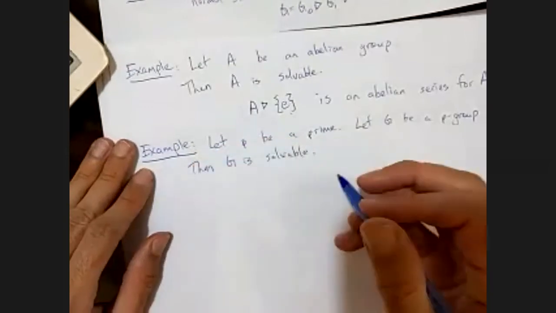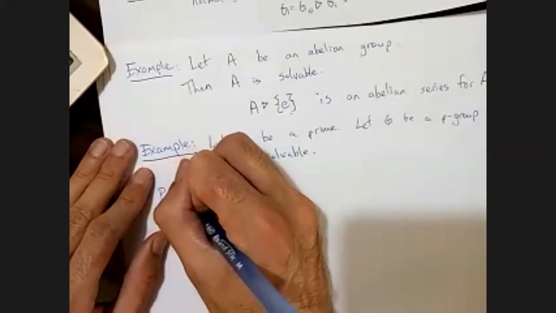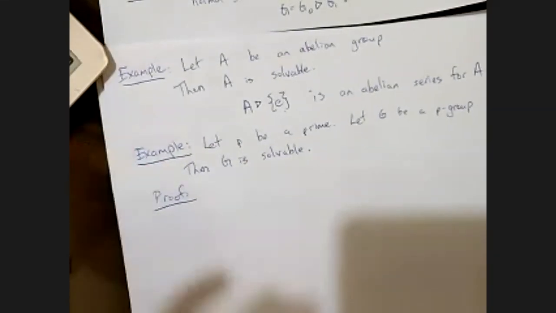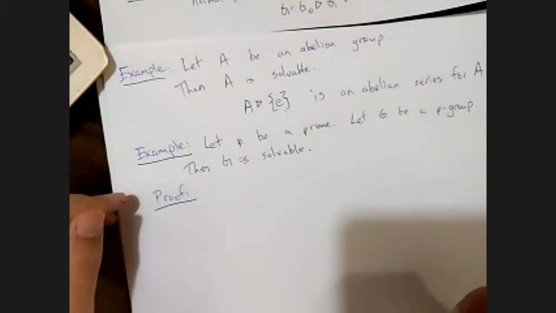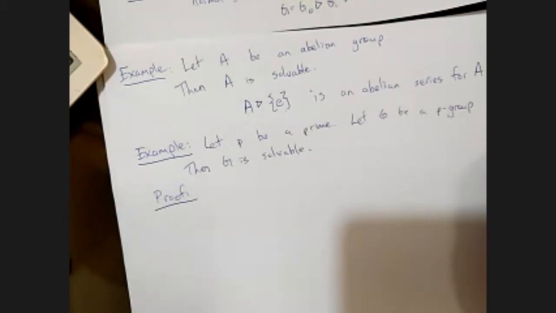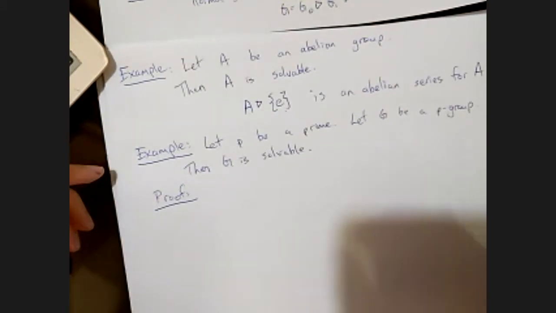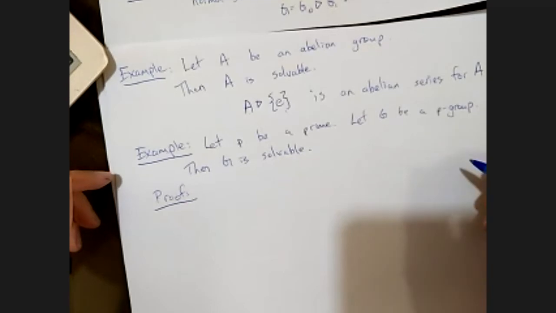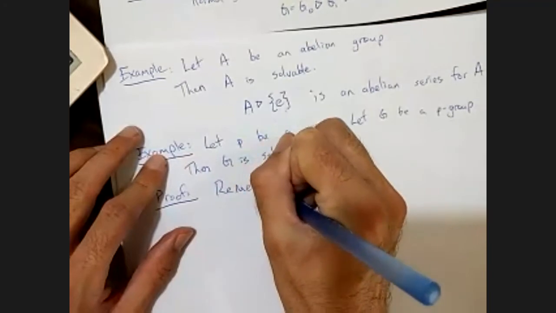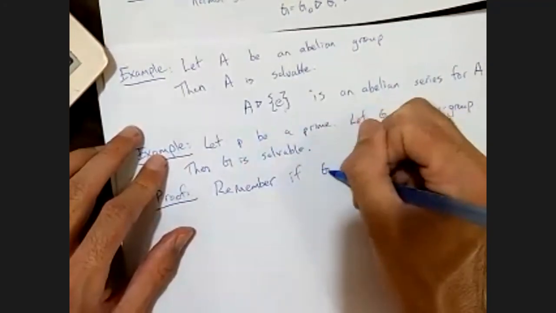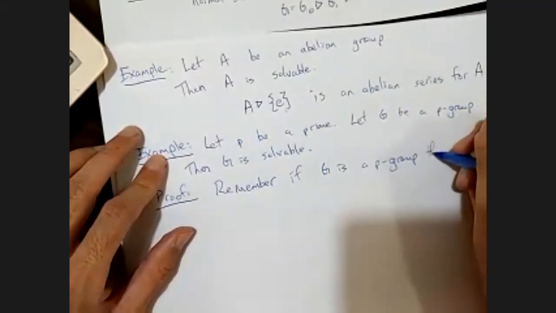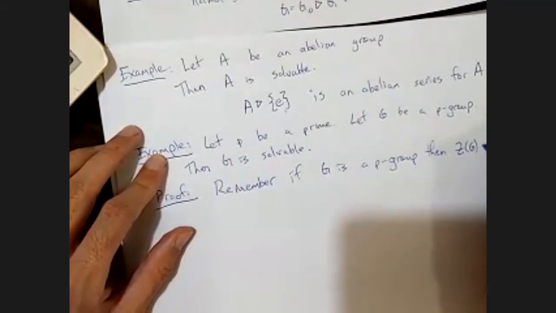Okay, let's see why. Let's show that a P group is solvable. We need to remember that if G is a P group, then the center of G is non-trivial.